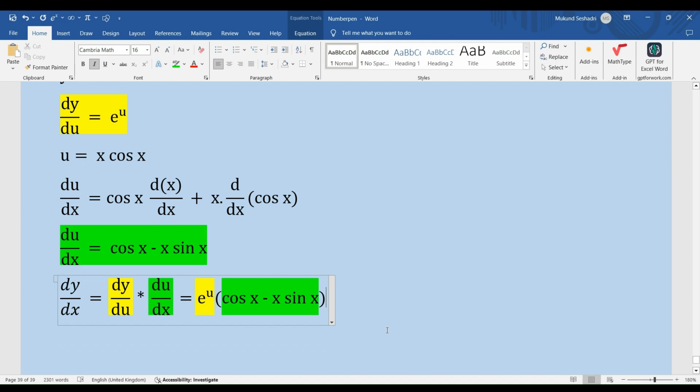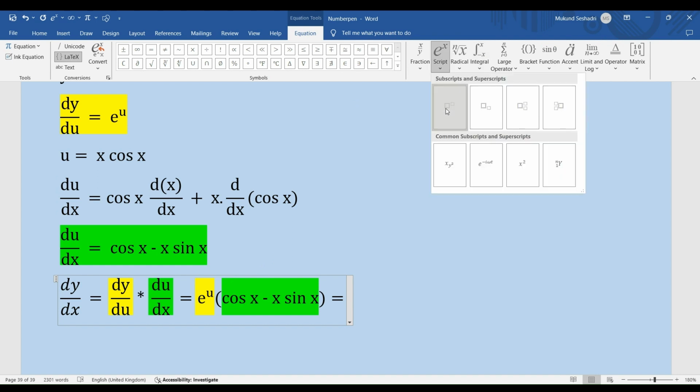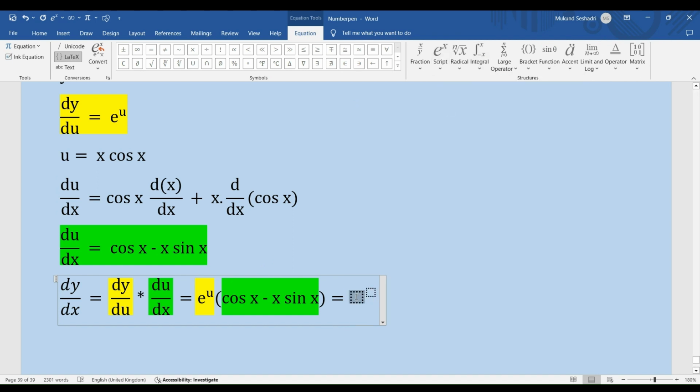And when we've been asked to find dy by dx, I'm expected to represent my final answer in terms of x. So I put back my u as x cos x because that's the original substitution that we made. And rest of the answer remains as it is. Cos x minus x sine x, right?